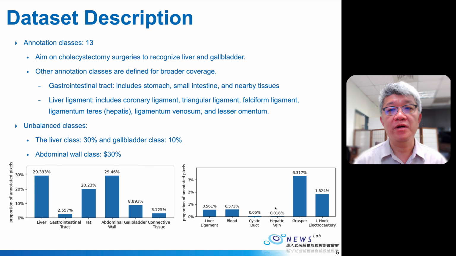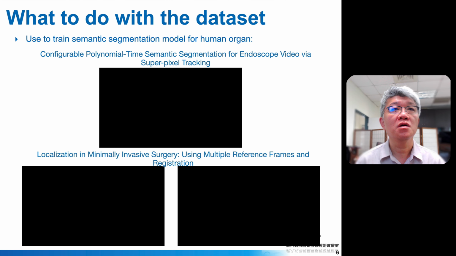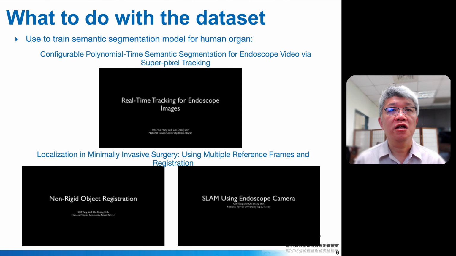The other classes only have a very small amount of data. So when one uses this dataset to train a machine learning model, they should be aware of this unbalanced dataset. This dataset can be used for many purposes.